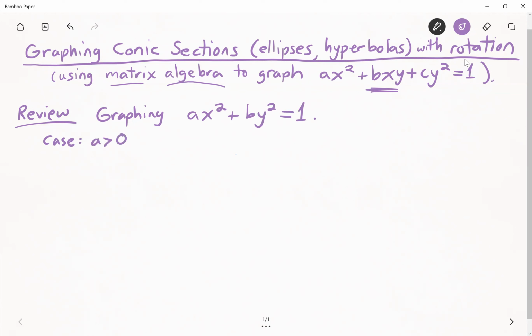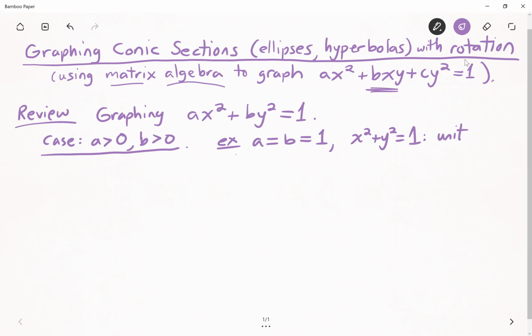And so a is greater than 0 and b is greater than 0. So one of these cases might be quite familiar. So for example, if a is equal to b and they're both equal to 1, this is a graph of the unit circle. You're left with x squared plus y squared equals 1, the unit circle.